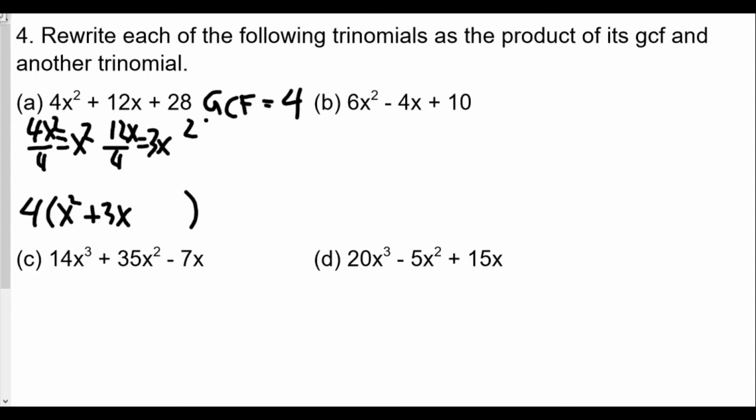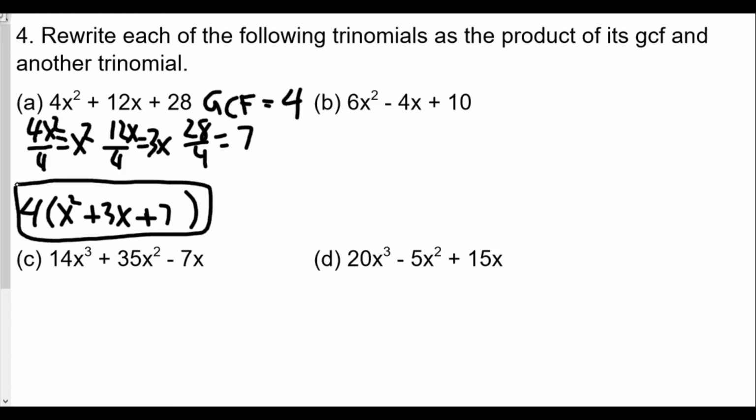And 28 divided by 4 is 7. Therefore, the factored form of the GCF times the trinomial will be 4 times x squared plus 3x plus 7. And so they're asking for this one.